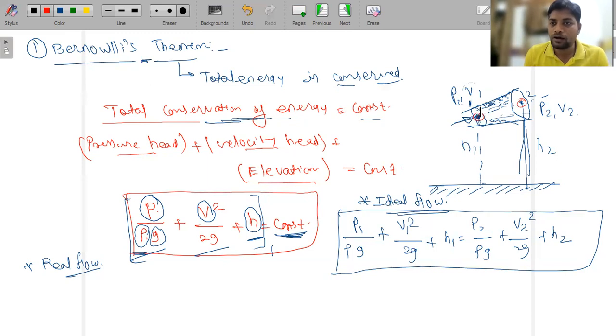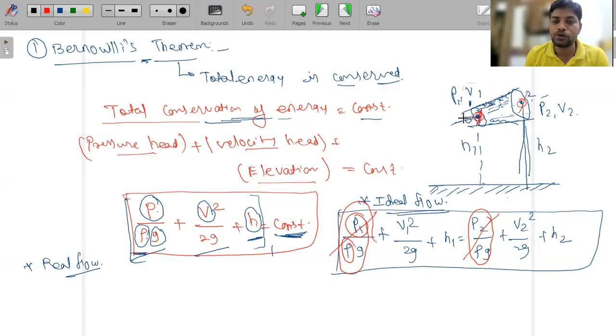Whether it is point 1 or point 2, in both conditions it will be atmospheric pressure. And the density of the air you will consider, so both these values are constant, and they will be eliminated.